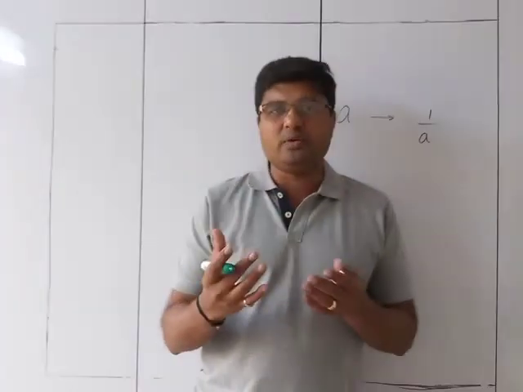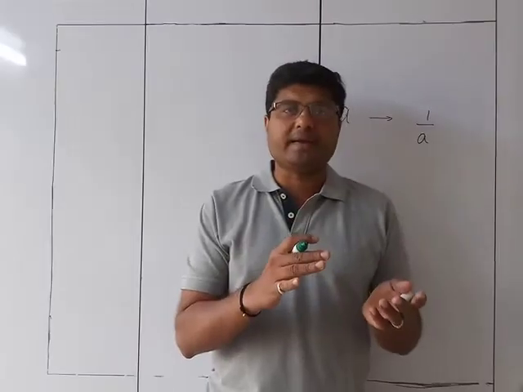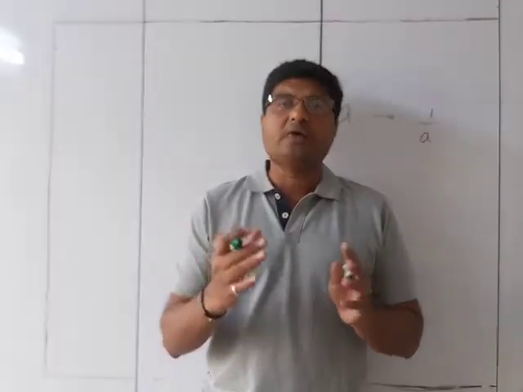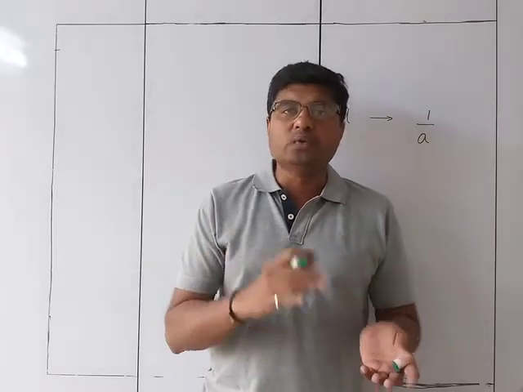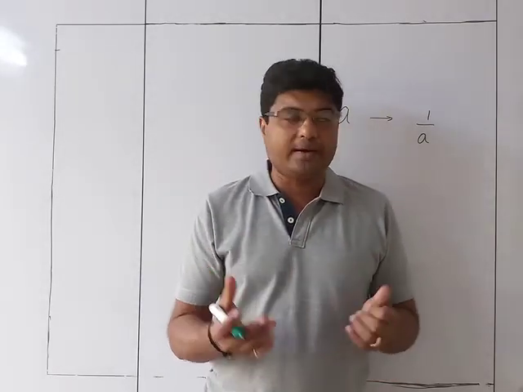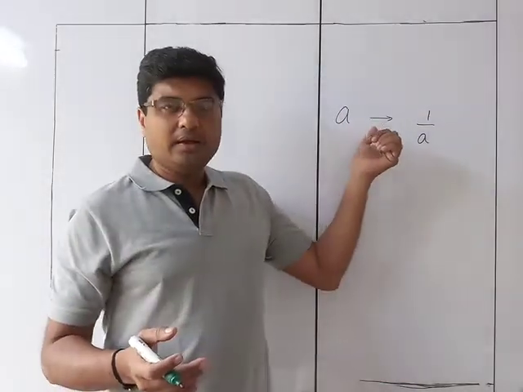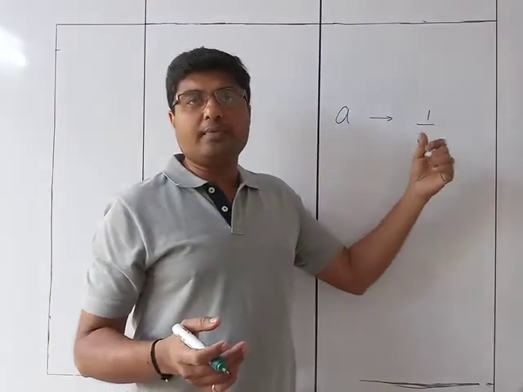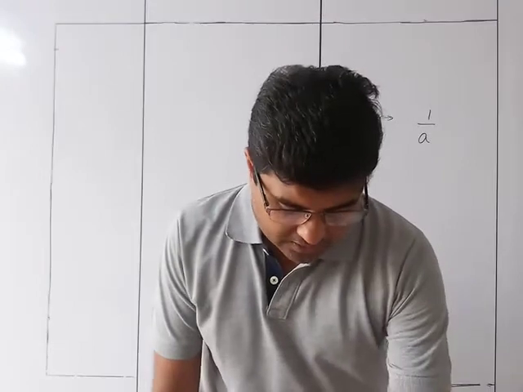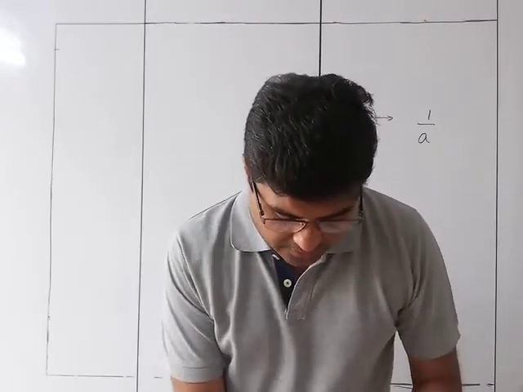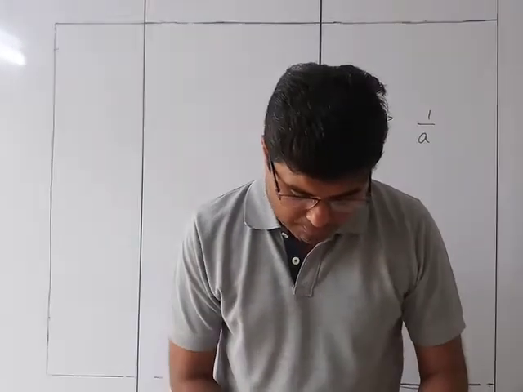We can easily note this: the inverse of multiplication is division. So if I am asked to do the inverse of a multiplied number, I am going to divide. That means that a, which is multiplied, here I am going to divide. So it is 1 upon a. Accordingly, we have the following questions and we will be solving those one by one.